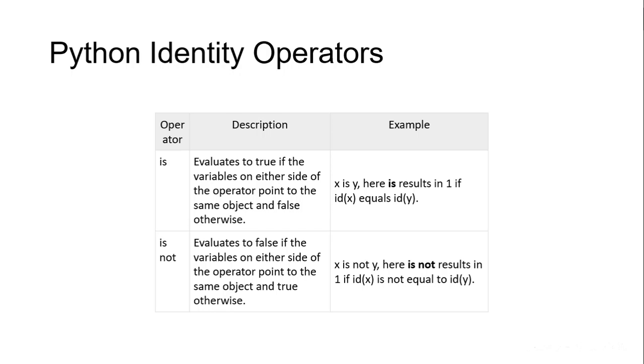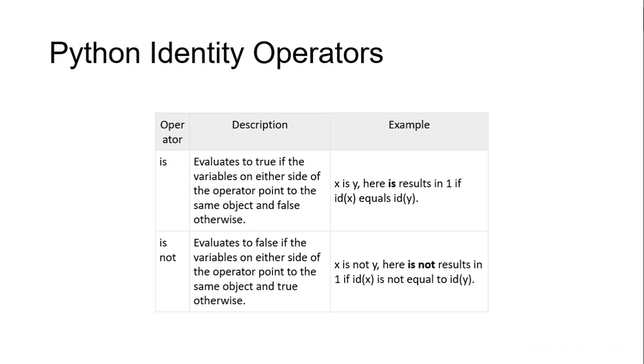And the last operators are the identity operators. In identity we have is and is not. It generally evaluates to true if the variables on either side of the operator point to the same object, and false otherwise. So this is a similar kind of equal to, but we evaluate the equality on the object level.